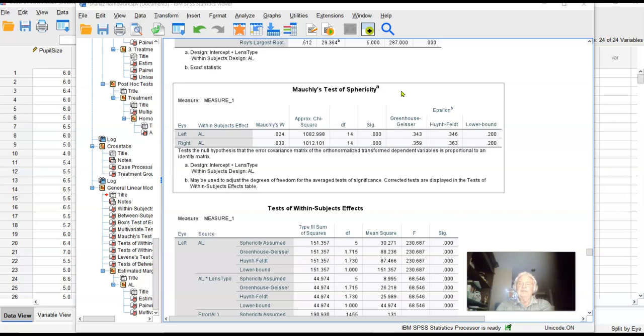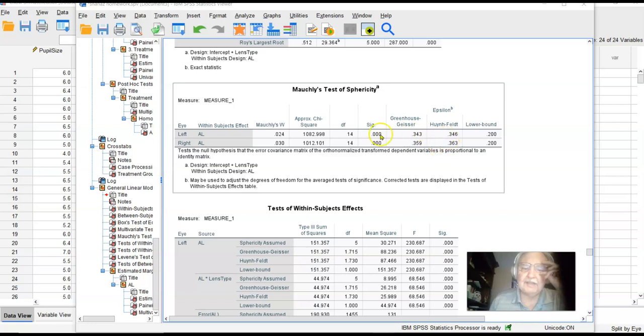What sphericity assumes is that this relationship is constant across all the different ones, but it's not independent. There is some correlation. And in that test, you get an epsilon.